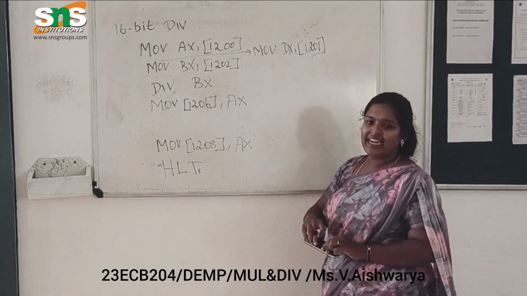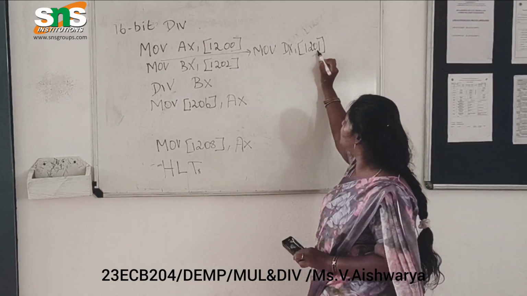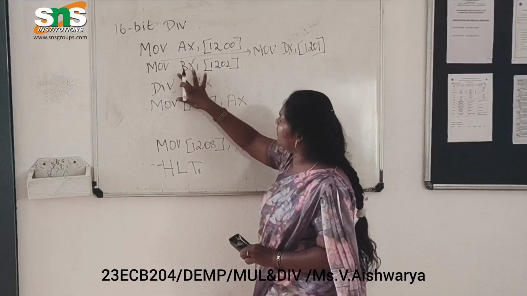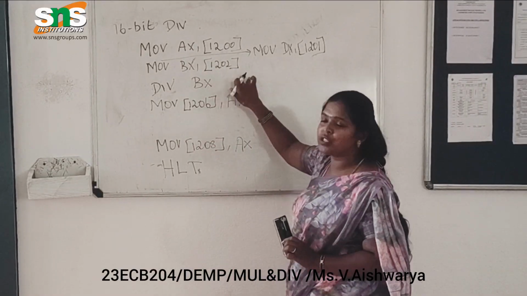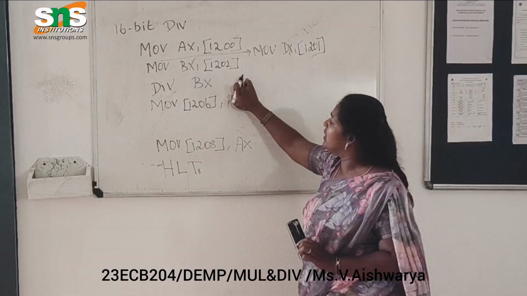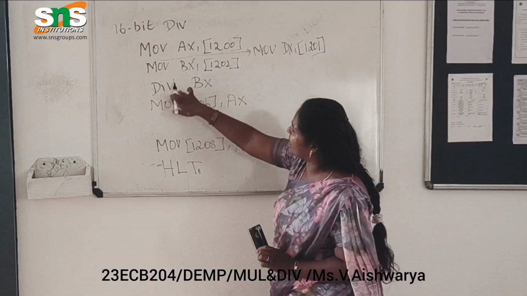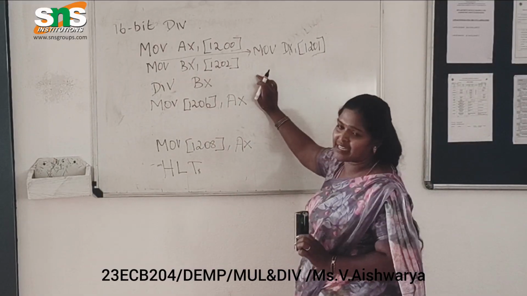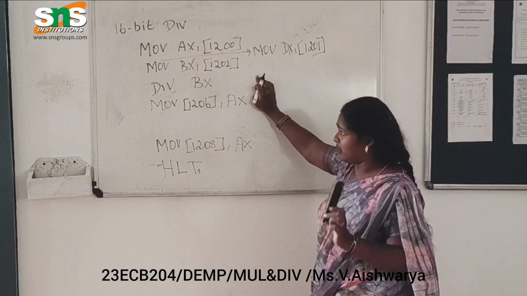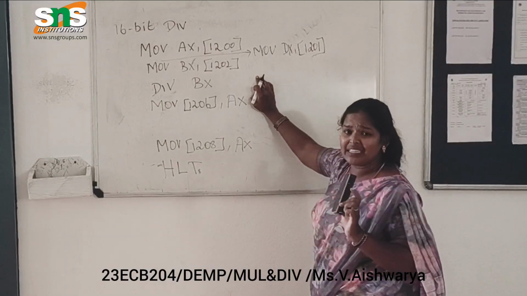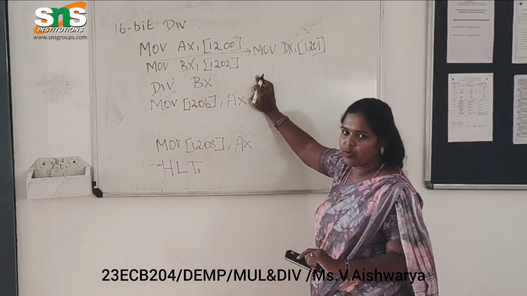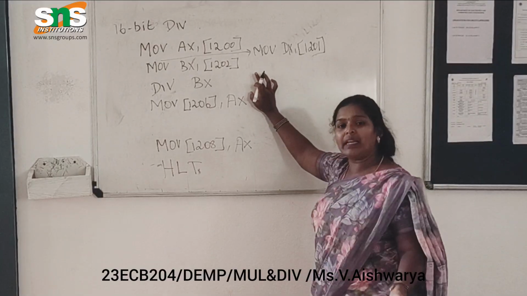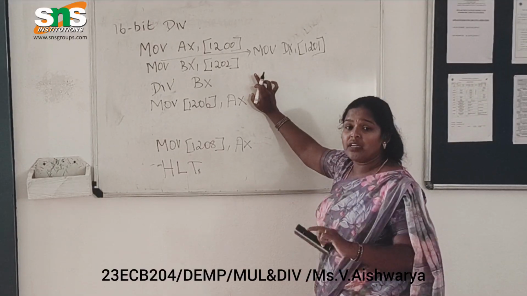The second dividend is taken from address 1201. Then we get the divisor from address 1202. Then we divide the value of AX and DX by the BX register, and the result will be stored in the AX register, both the remainder and quotient.